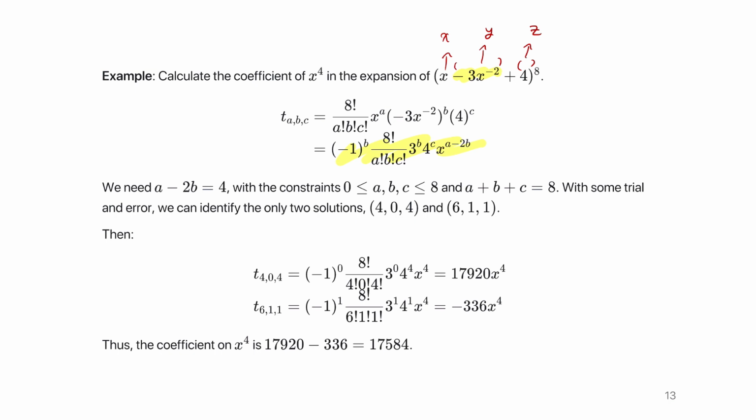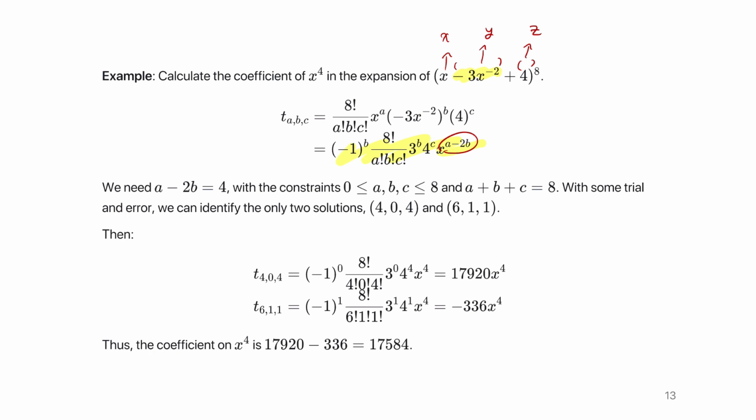And now we do the exact same thing as we did before. We want the coefficient of the terms where the exponent on x is 4. So here, what I do is set a minus 2b equal to 4. But now the difference is it's not as easy as just solving for a single variable, because now there are multiple combinations of a, b pairs that you have to look at.